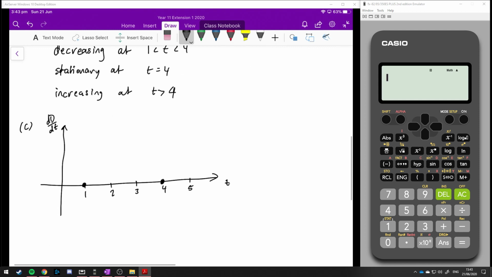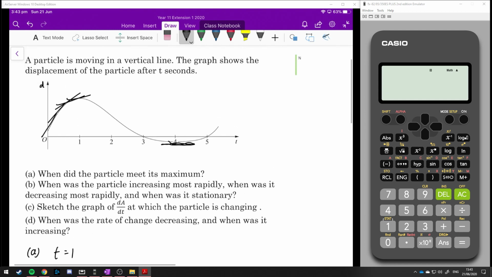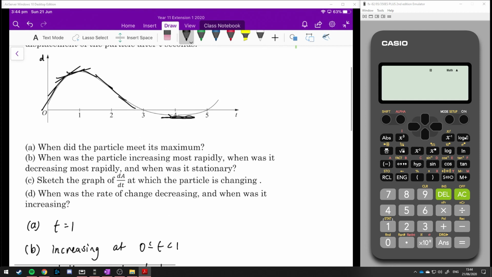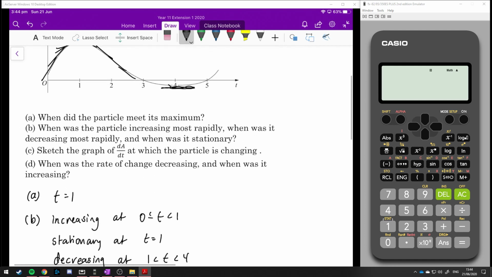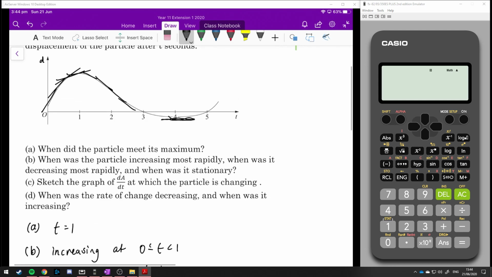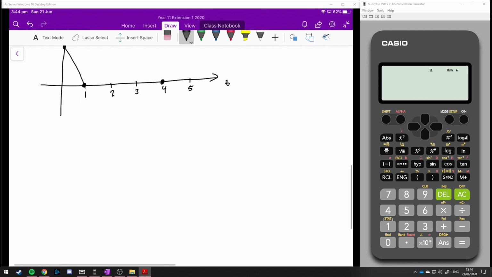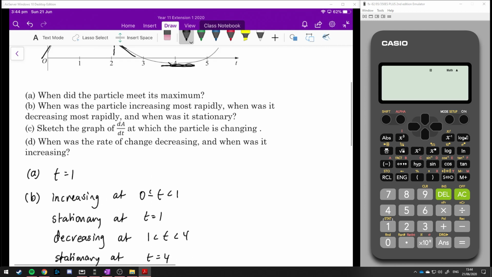So it starts as a very high gradient value and gets shallower until it reaches 0. Then, after 0, my gradient starts getting steeper and steeper in the negative direction. Between 1 and 2 is when it decreases at its biggest rate, so it goes down like this.